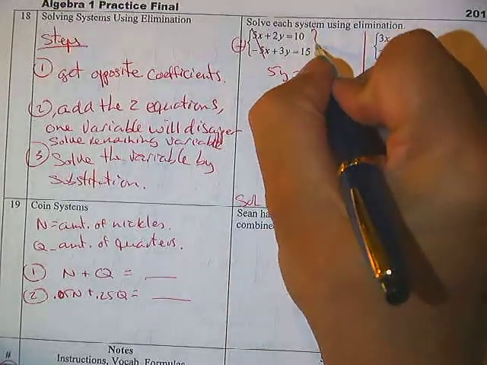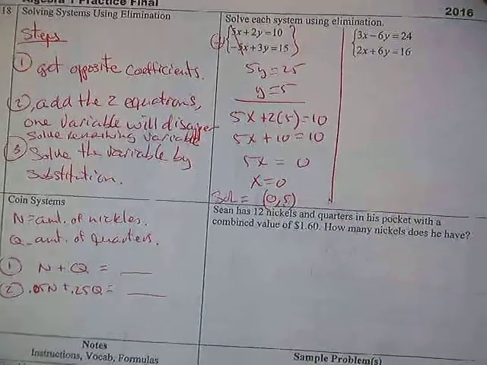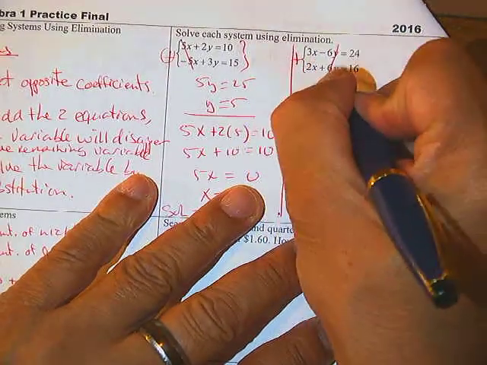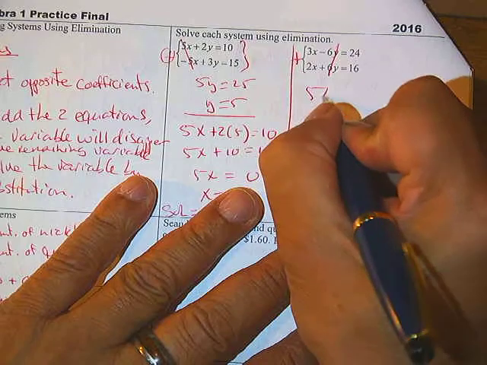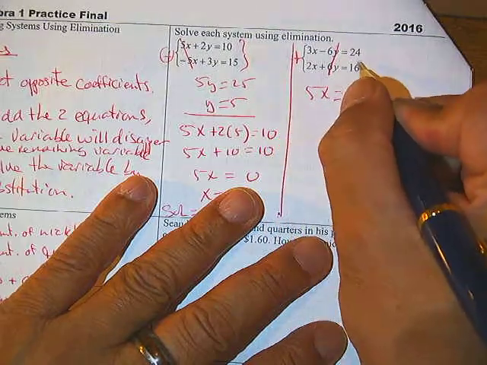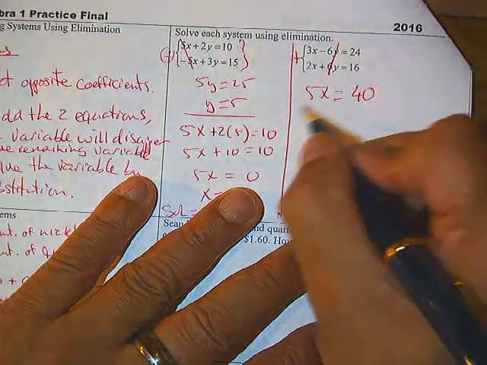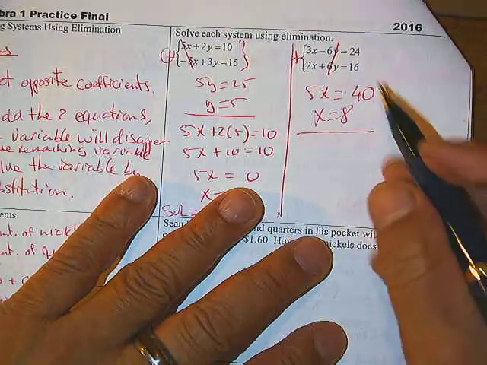So I let y equal 5 and substitute in here: 5x plus 10 is equal to 10. Subtract 10 from both sides, 5x is equal to 0. x is equal to 0. So our solution is (0, 5). That's where these two lines intersect, at the point 0, 5.